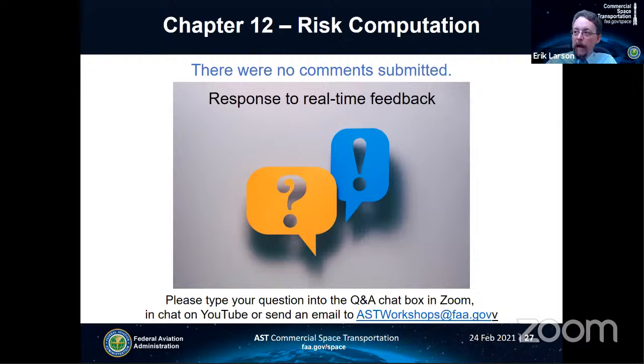One thing I will add to this is that, as part of your application submission here, it is important to demonstrate that the process you're using to do that risk calculation is adequate to demonstrate compliance in the launch countdown, that you're actually meeting the risk requirements.